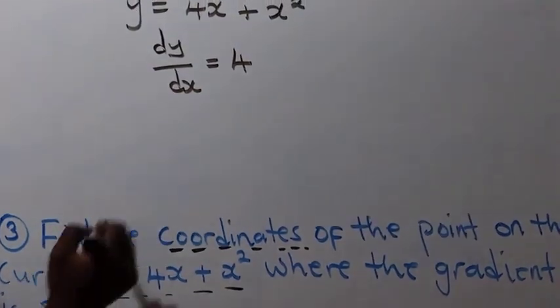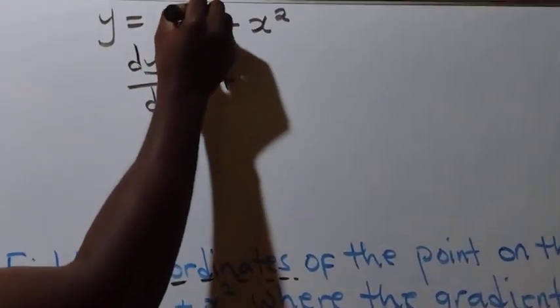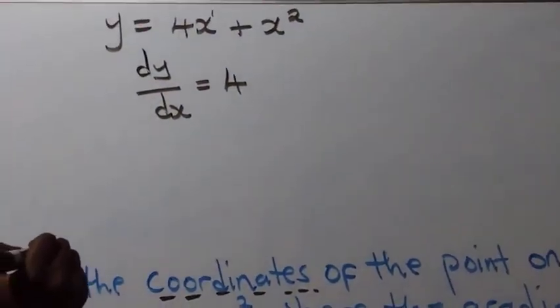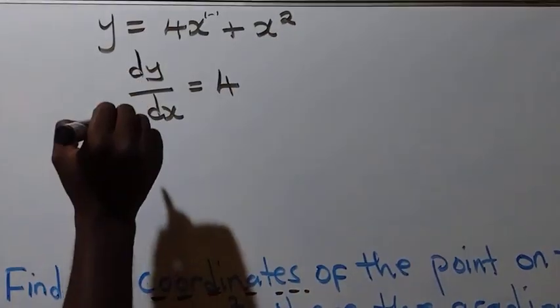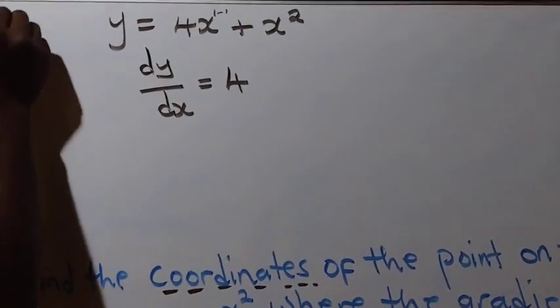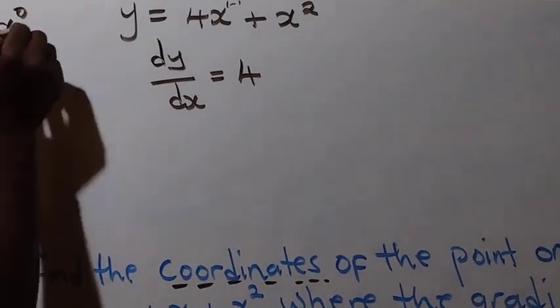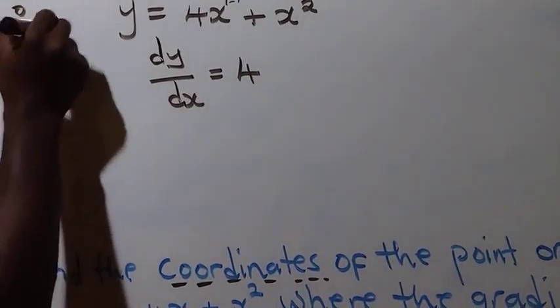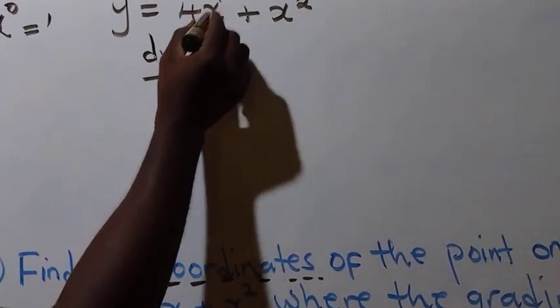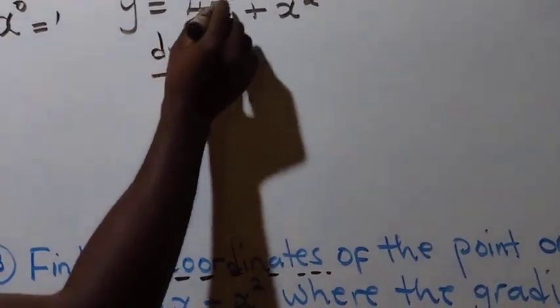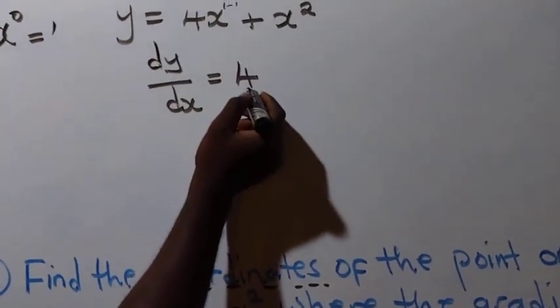The power of 1 is reduced by 1, which is x to the power of 0, and that is 1. So 1 times 4 will get this 4.